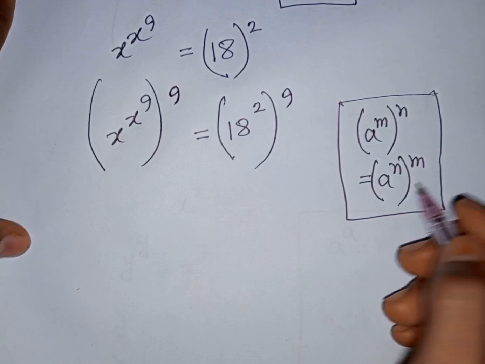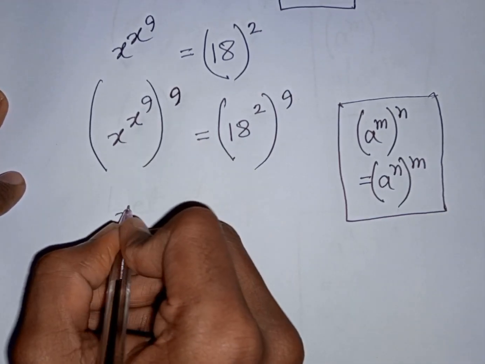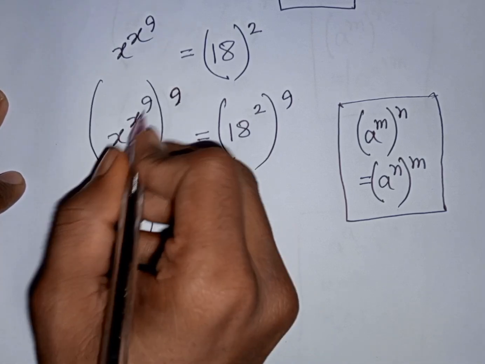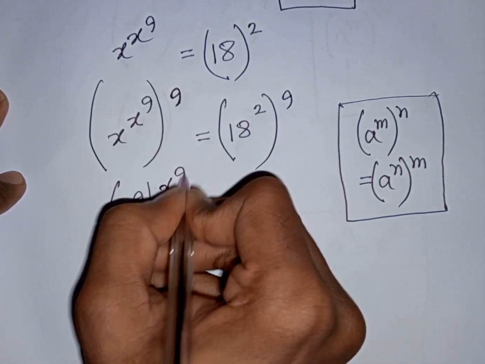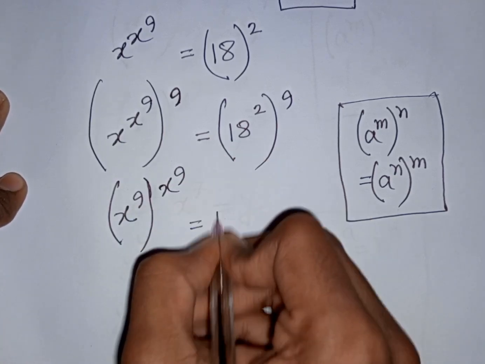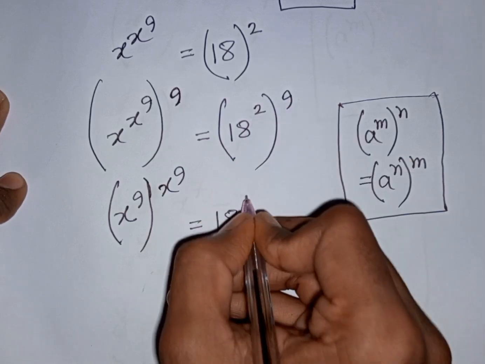So according to this rule, we can write here (x power 9) bracket power x to the power 9 is equal to 18 power of 2 times 9, that means it will be 18.